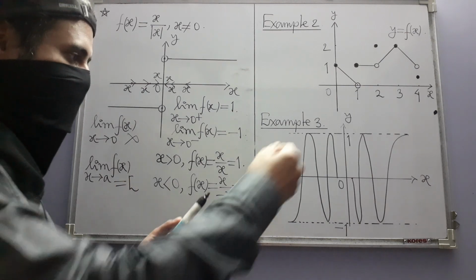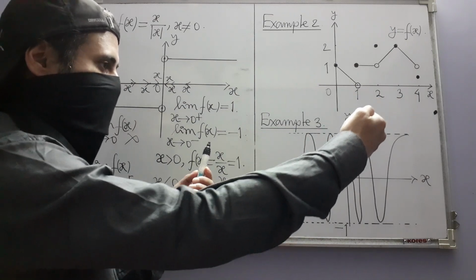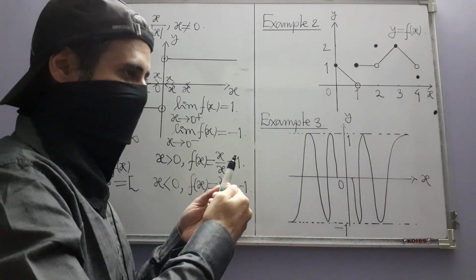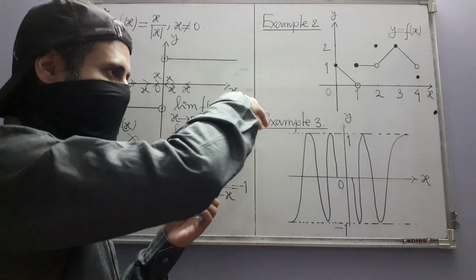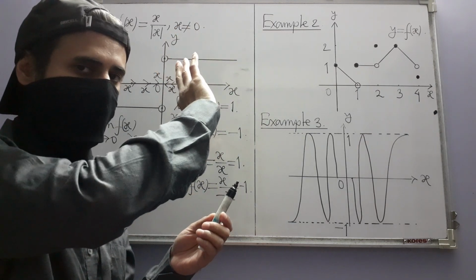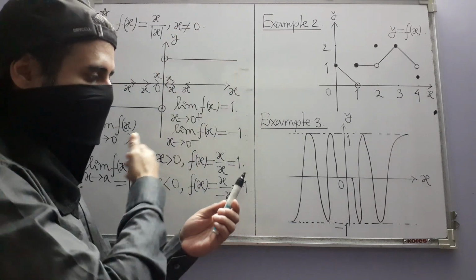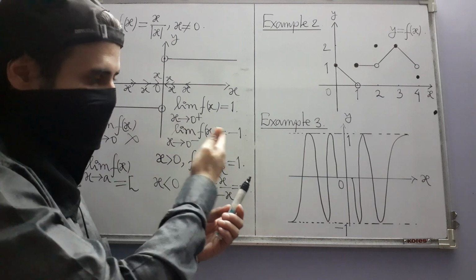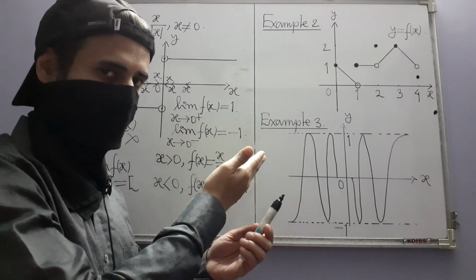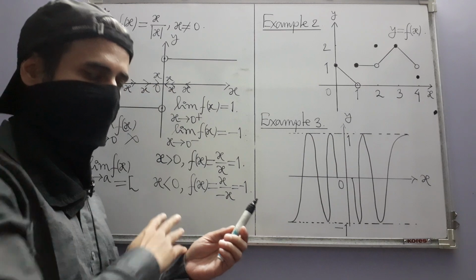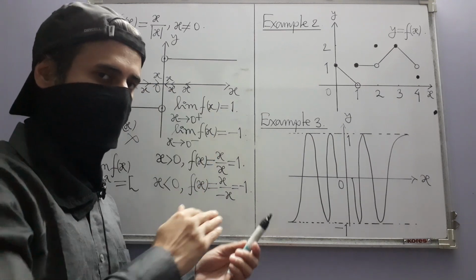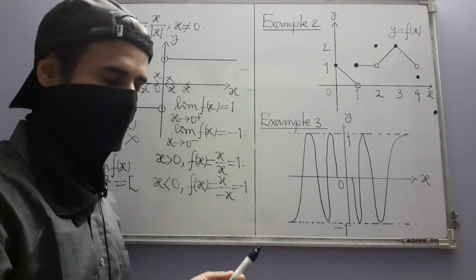Simply you bring the variable close to a from the right side. If the functional values get close to something, that is the right hand limit, and you bring your variable value from the left side of a. If in that case the functional values approach something, that is the left hand limit.